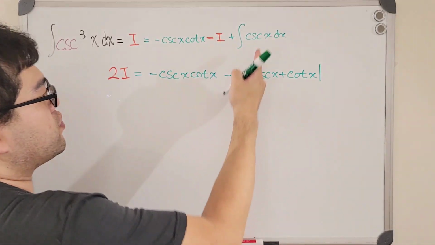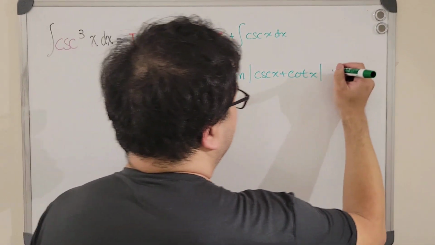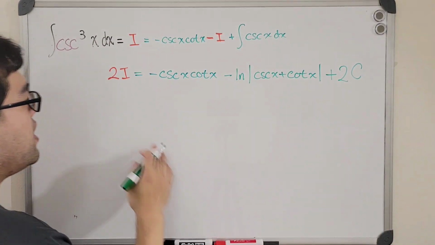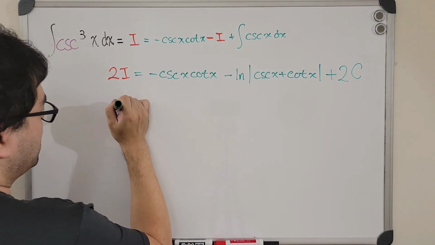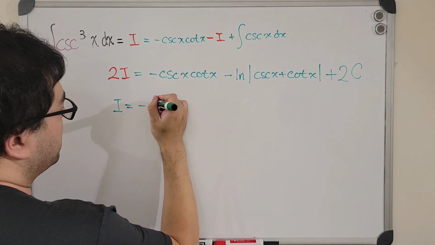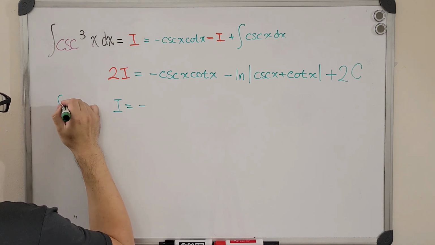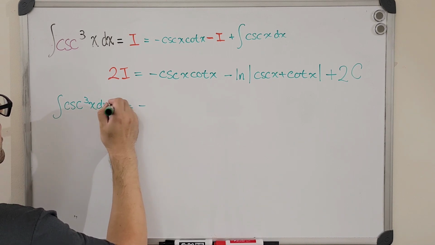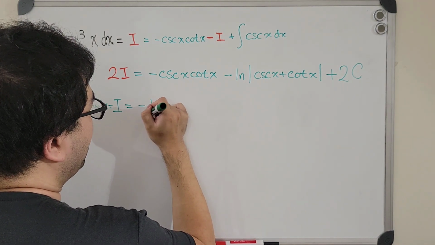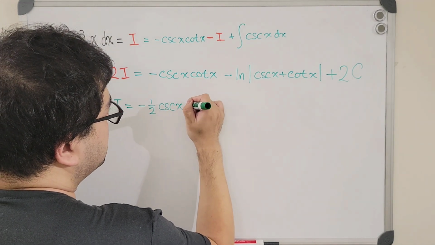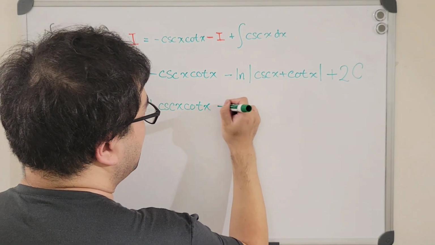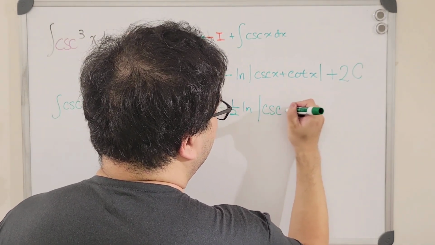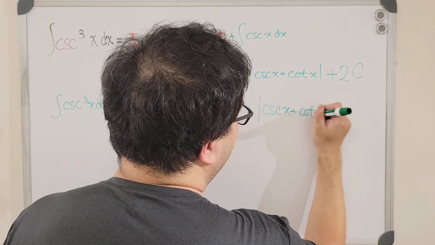And don't forget, we have no more integrals, so we need to put this constant term plus, again, we can just call it 2c, such that at the end, as we divide everything by 2, we will get the integral that we started off with, which is the integral of cosecant to the third power of x dx is equal to negative 1/2 of cosecant x times cotangent of x minus 1/2 of ln of the absolute value of cosecant x plus cotangent x.